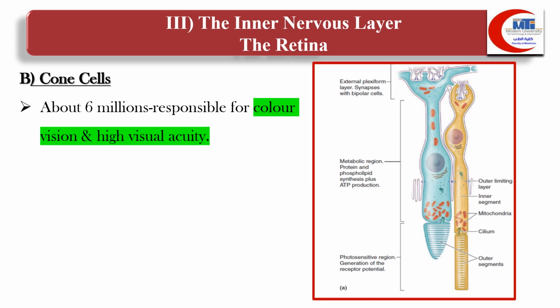The cone cells are about 6 million, and they are responsible for color vision and high visual acuity. As we see here, they have the same structure as the rods, but with some differences.